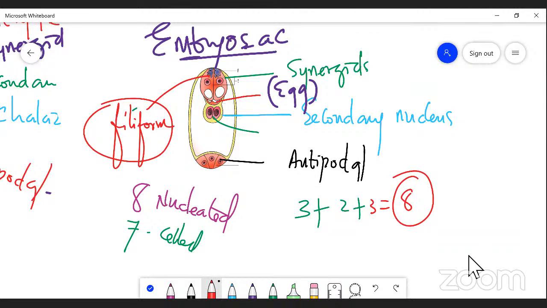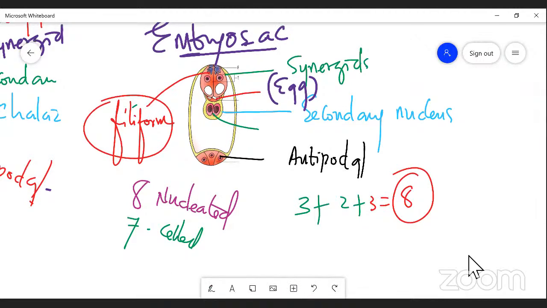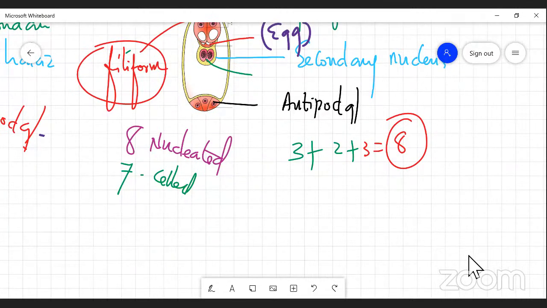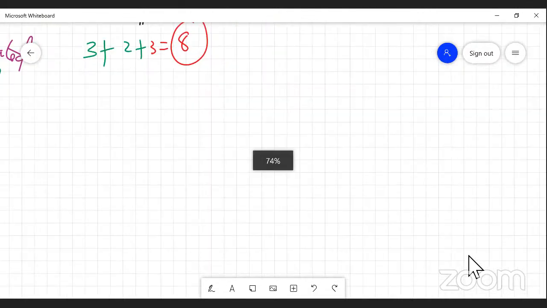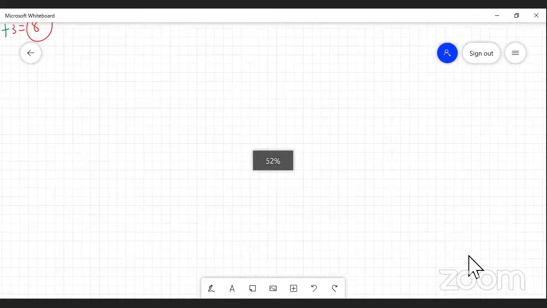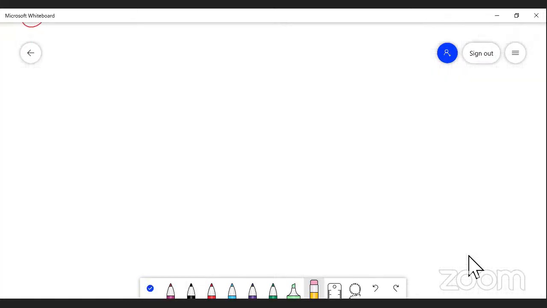Next we pass on to how this embryo sac is developed. The development of the embryo sac occurs in various steps. Let me take a few minutes to discuss. The embryo sac is derived by 3 methods.